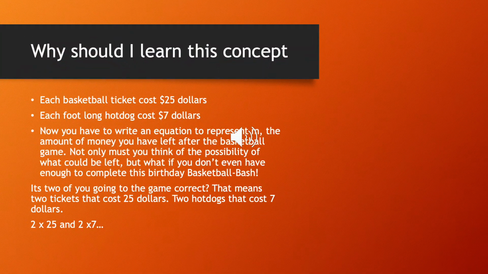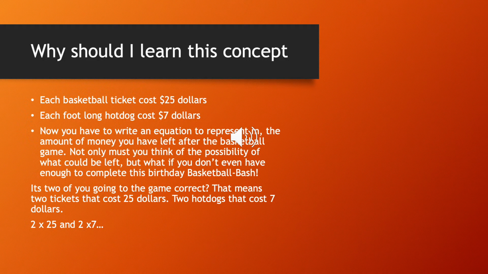We know that each basketball ticket costs $25 and each foot long hot dog costs $7. Now you have to write an equation to represent M, the amount of money you have left after the basketball game. Not only must you think of the possibility of what could be left, but as I stated earlier, what if you don't even have enough money to complete this birthday basketball bash?